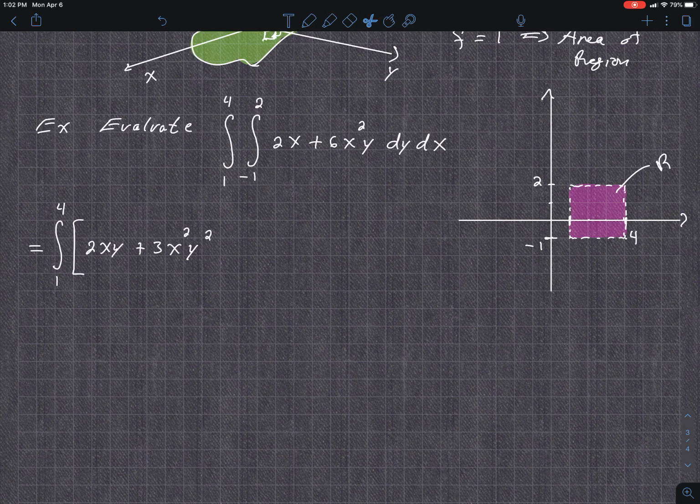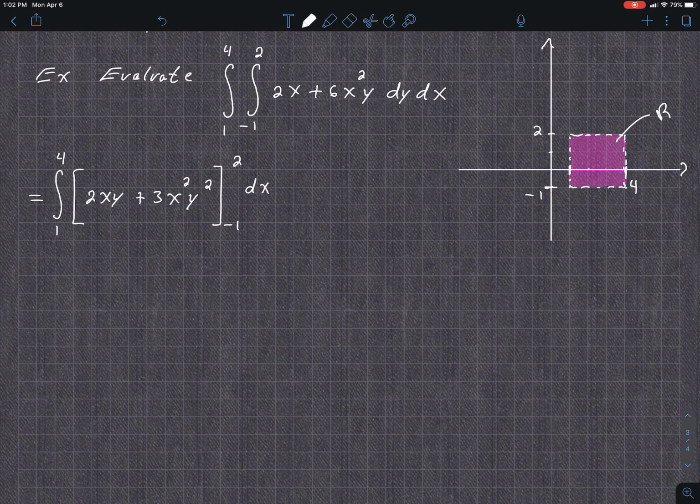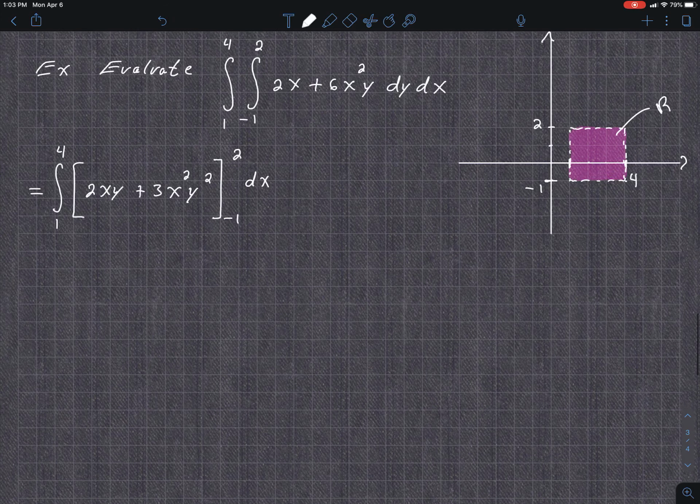Okay, so let me move this down a little bit, it's kind of in the way. So this is evaluated from -1 to 2, dx. Now you want to evaluate that before you take the next integral. You want to substitute that in and then keep going.